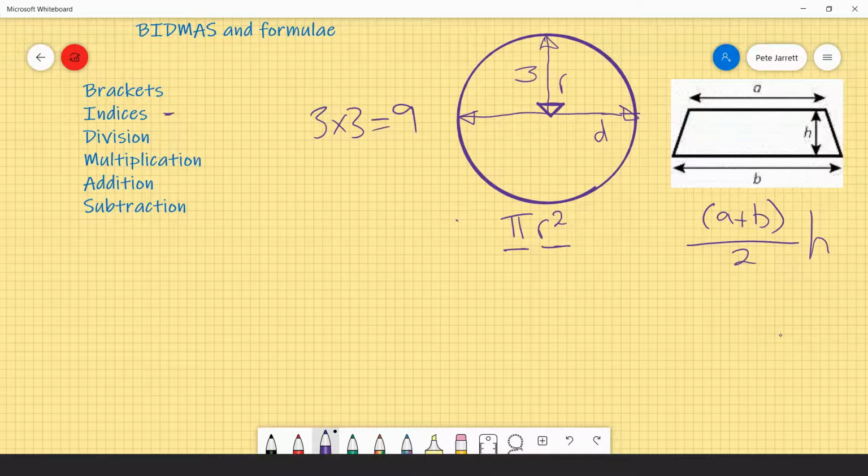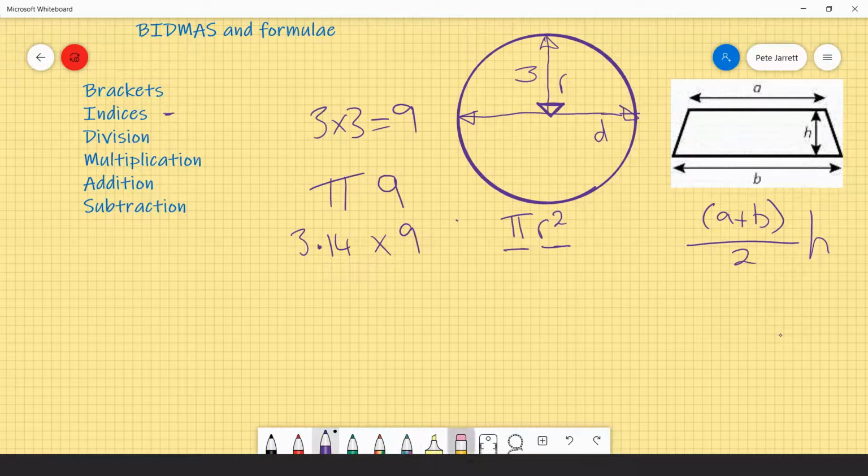That means we now have pi, and we can replace the r squared with the value 9, because that's what we've calculated it to be. When we have a symbol and a number together, that means we multiply them. So we are now multiplying pi, 3.14, by 9. That would be the calculation we would have to do to complete that.